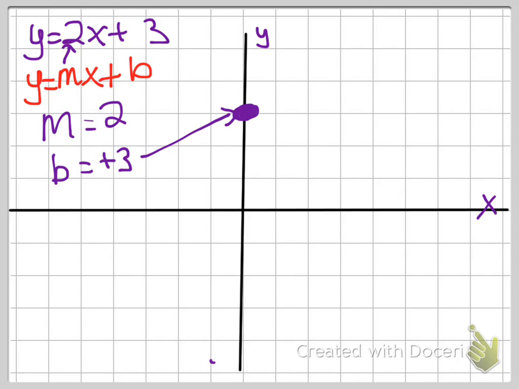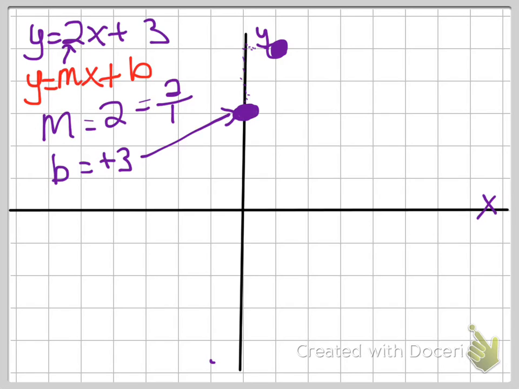And then from this point, we can use the slope, which I don't have a run. I'm going to put a 1. Okay? And that's a positive fraction. And from this y-intercept, I want to count up 2 and go over 1. Always to the right. Run is always to the right.